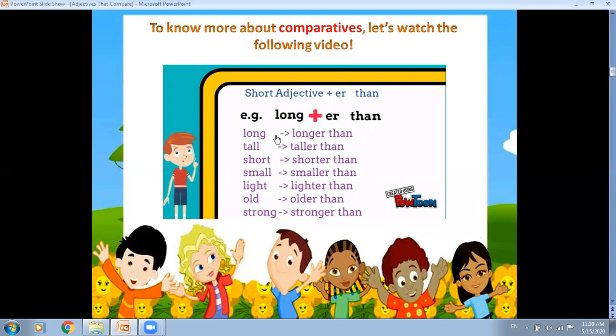Let's read. We have the adjective long. The comparative form is going to be longer than. I'm going to add er to the adjective. Long, longer than. Tall, taller than.